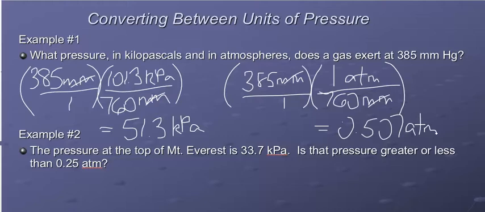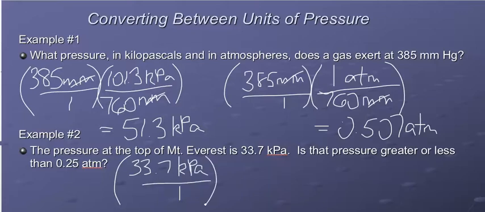Example number 2, the pressure at the top of Mount Everest is 33.7 kPa. I want to go to atmospheres because I want to know if that's greater or less than 0.25 atmospheres. As you increase elevation on Mount Everest, the atmospheric pressure decreases. So we want to go from kPa, and the conversion is 101.3 kPa, to atmospheres, it's 1.